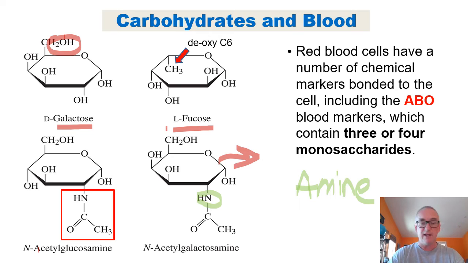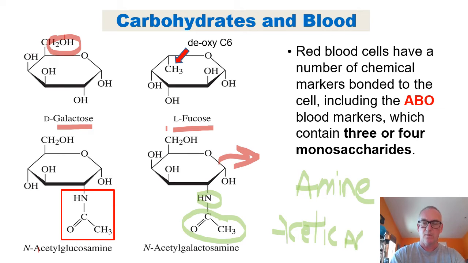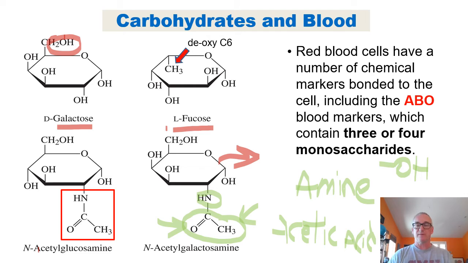And what's linked to the amine? We have what looks like an acetic acid group, because we have a methyl group, we have a carbonyl, and we have lost the hydroxyl and linked it to the amine group.